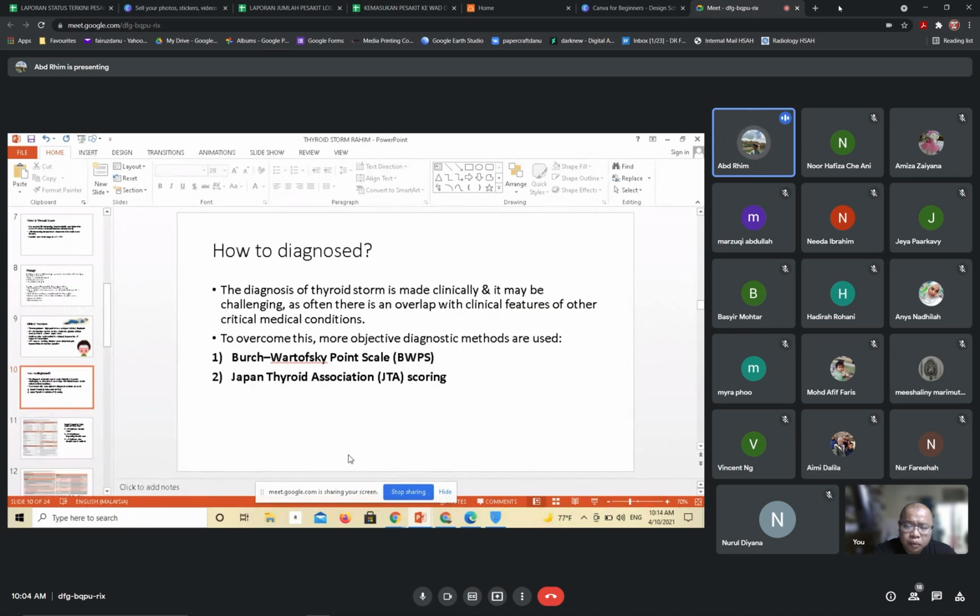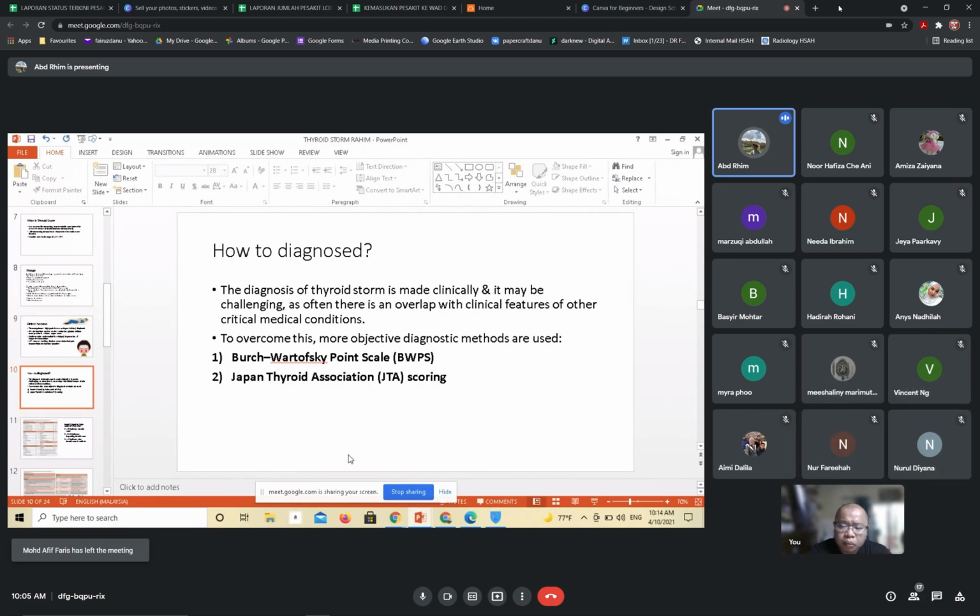So how to diagnose thyroid storm? The diagnosis of thyroid storm is made clinically, and it may be challenging because the symptoms are wide, so there is often an overlap with the clinical features of other critical medical conditions. Because of this, two objective diagnostic methods have been introduced. The first one is the Burch-Wartofsky point scale, and the other is the Japan Thyroid Association scoring.